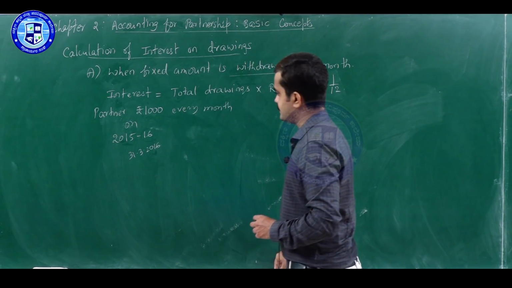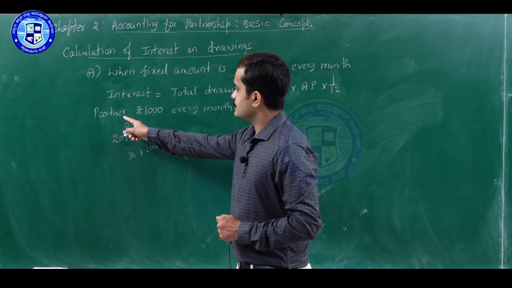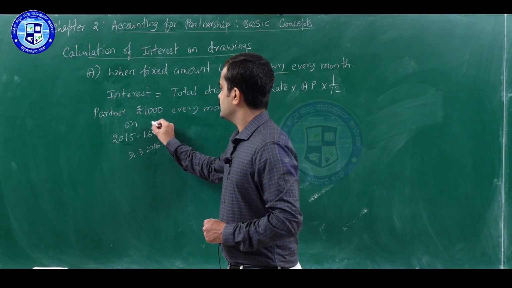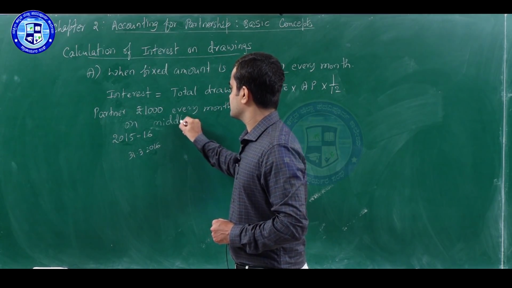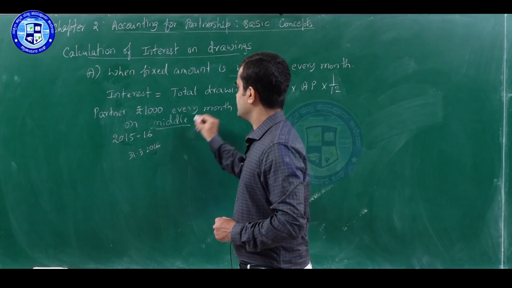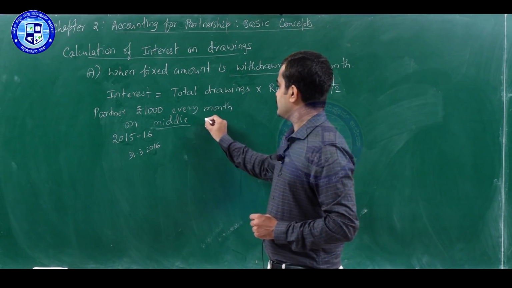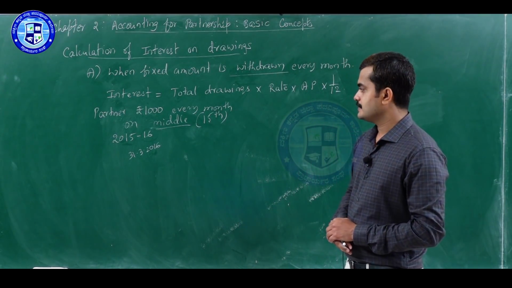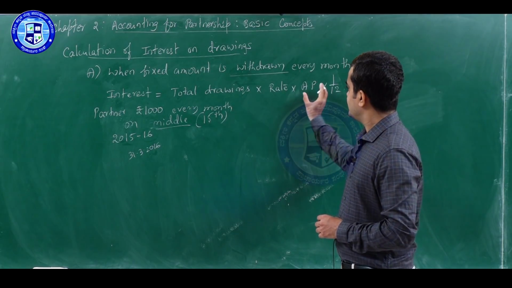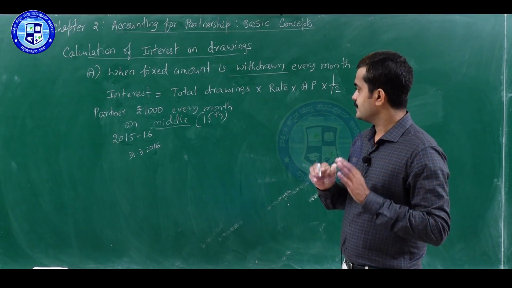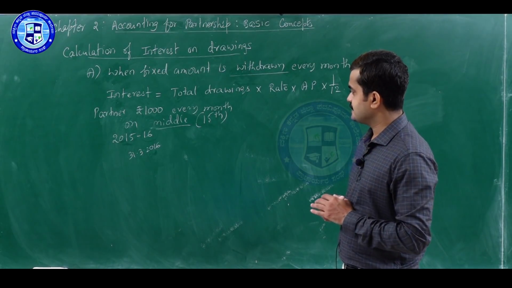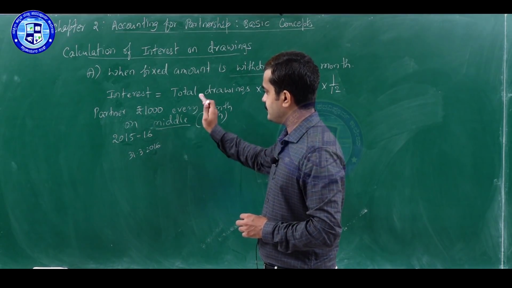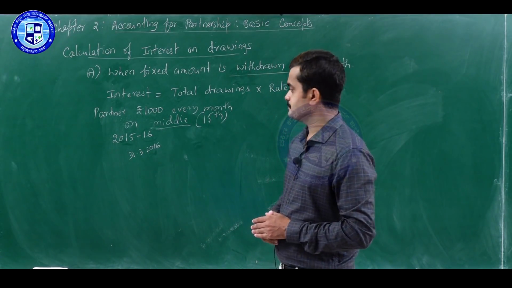Now let us consider that the partner has withdrawn 1000 every month in the middle of each month. In the middle of each month means the 15th of every month. And let us look at what the average period is in this case. When would the first drawing take place?